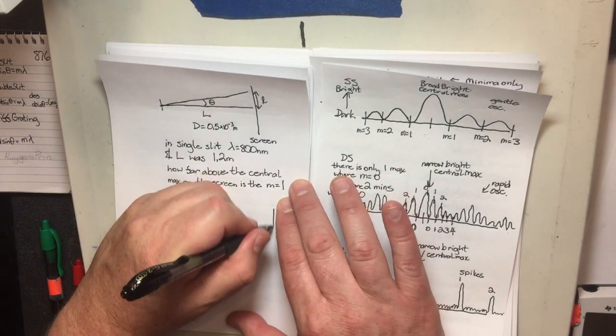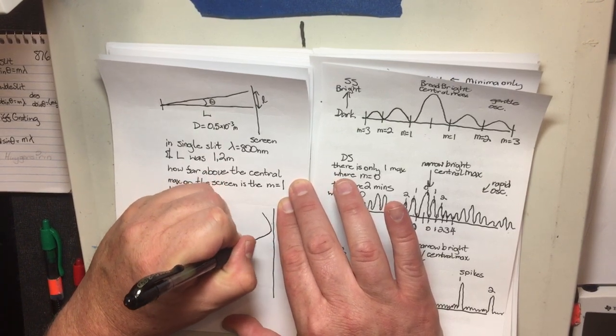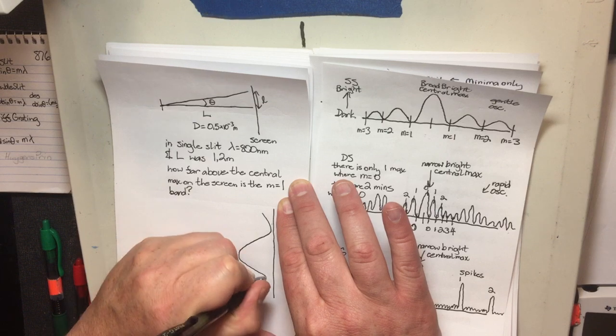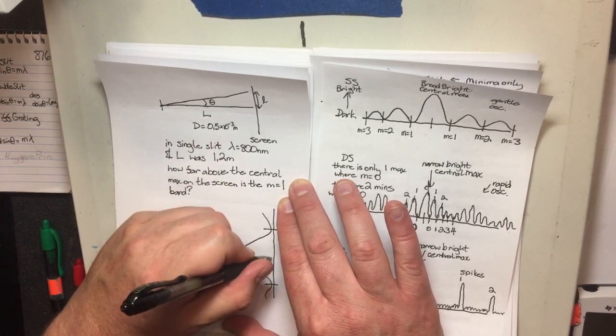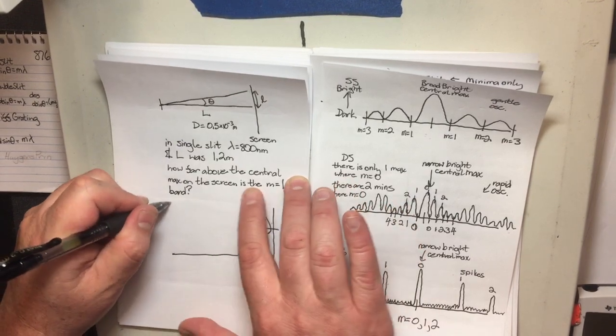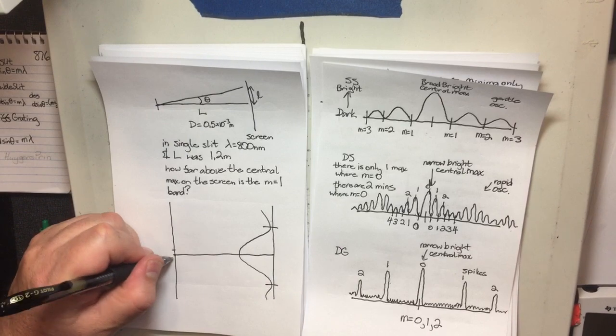So you have the screen here. When you look at the pattern, those are the minima that concern us. This is the film.